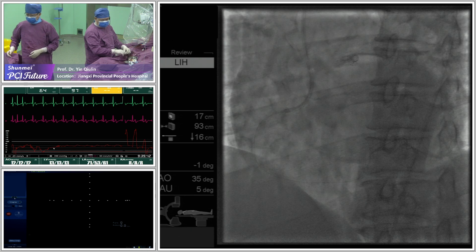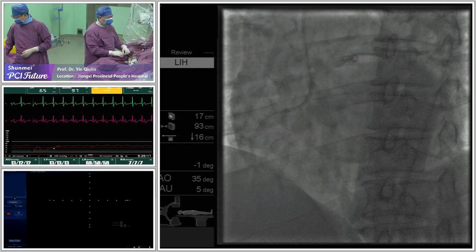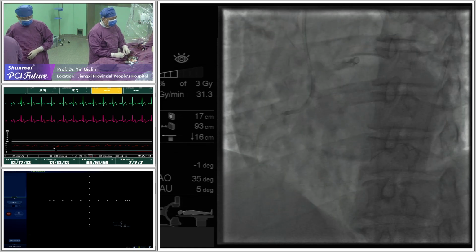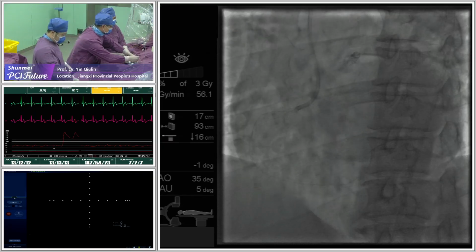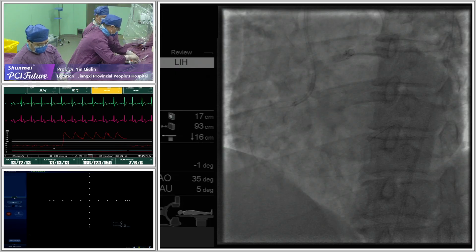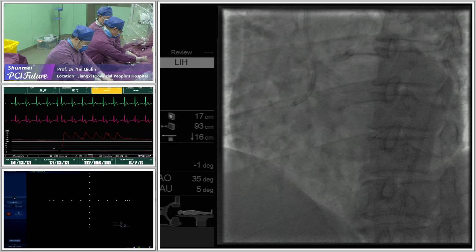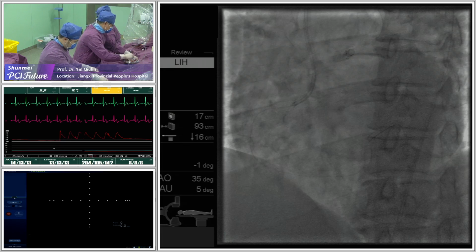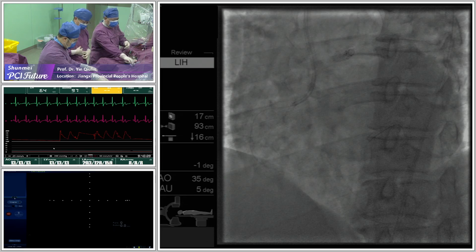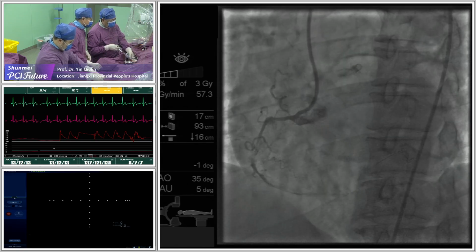Troponin is negative, BNP is slightly elevated, and creatinine is within normal range. Echo structure is normal, and LV systolic function is normal, and we can see some anterior wall hyperkinesia and septal hypertrophy, which is consistent with his hypertension history.